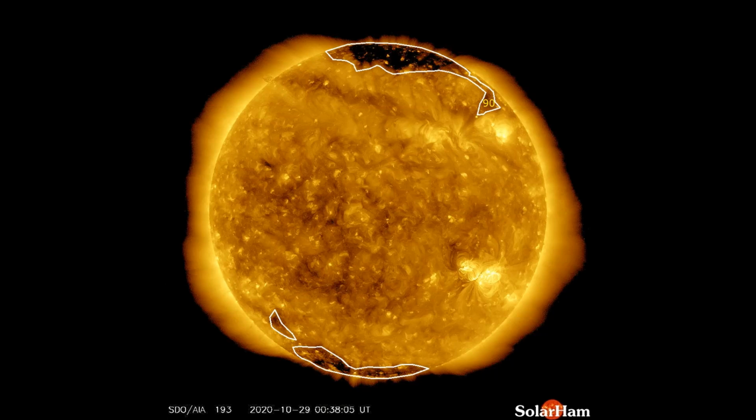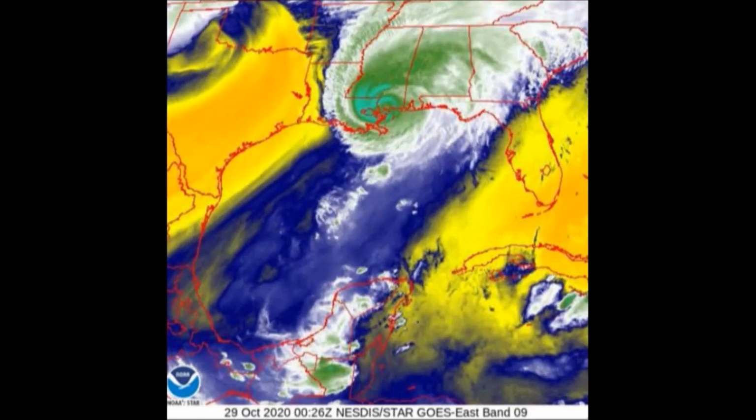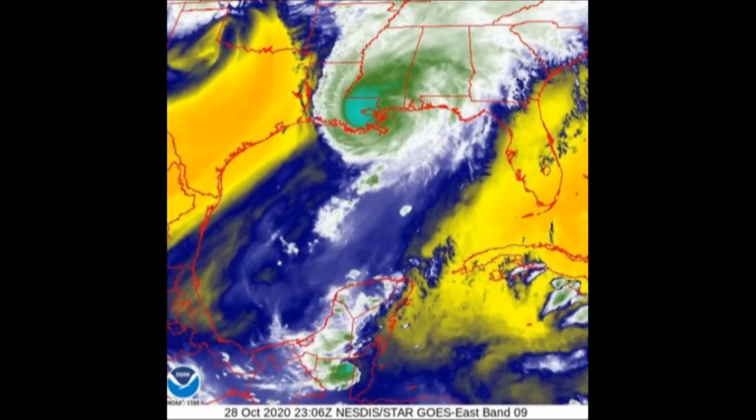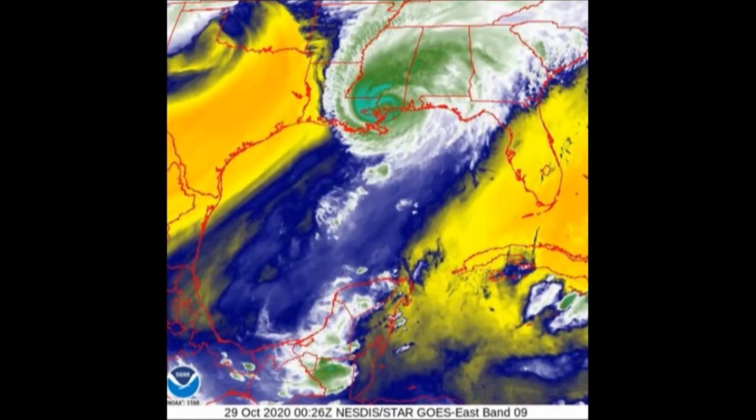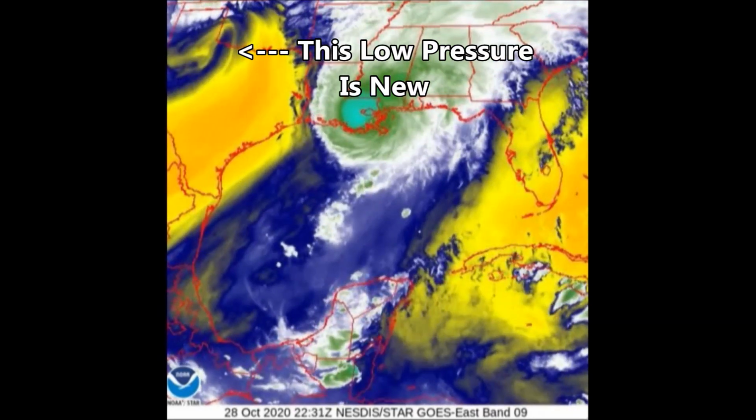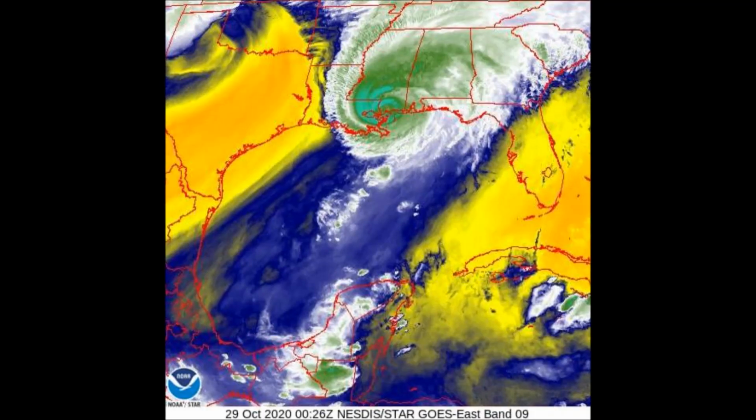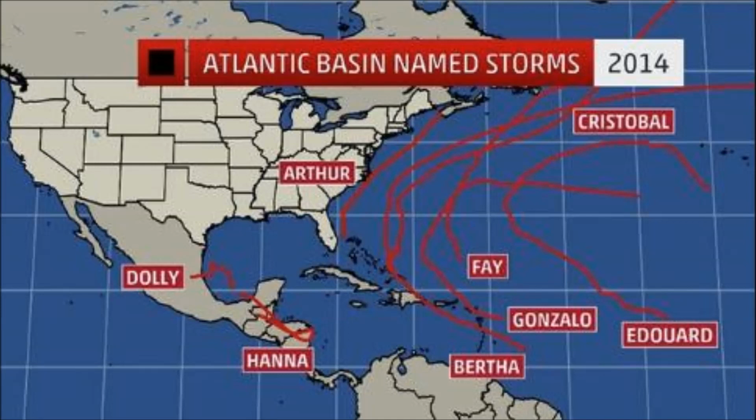So then we go to regular weather, and we see that this storm, Zeta, it popped up in a day south of the Yucatan, and then in 2 days it strengthened, and then next thing you know, it was in the Gulf, and then by the 4th day, it was at a very familiar place, the Mississippi River Delta.